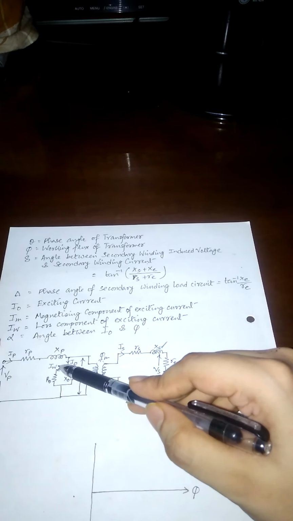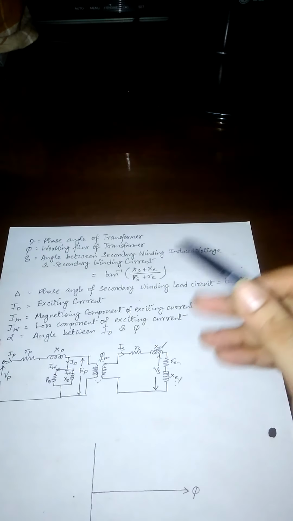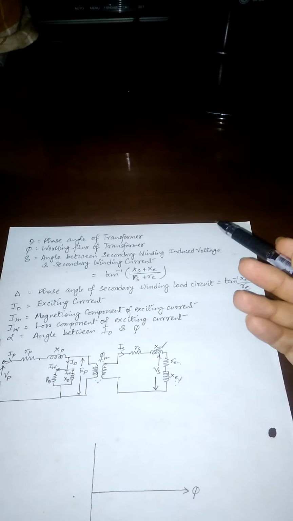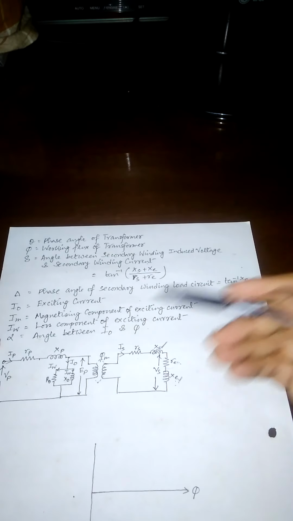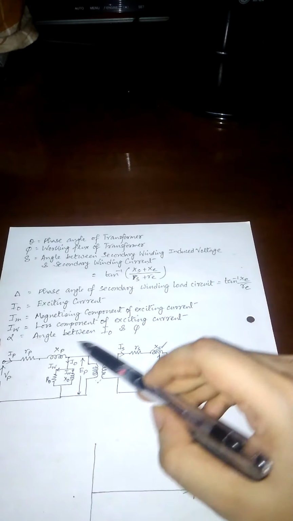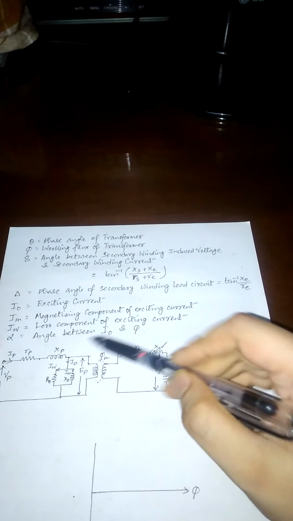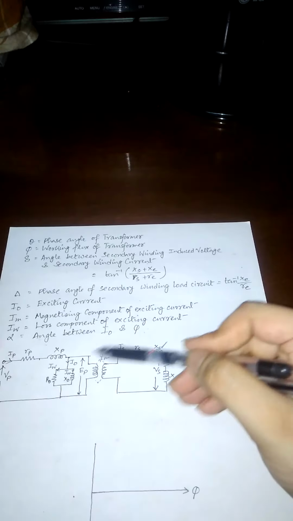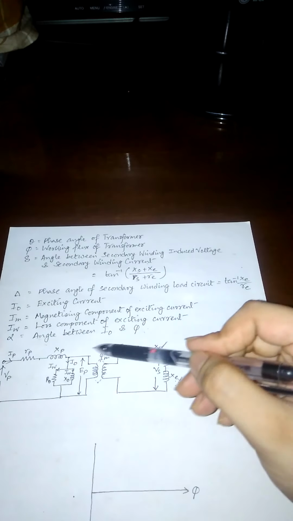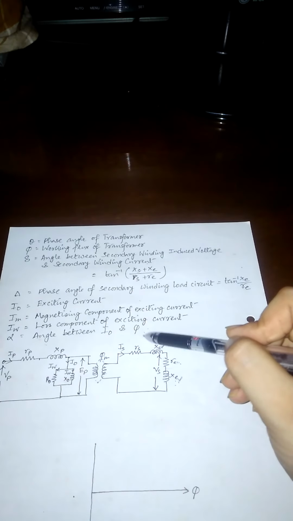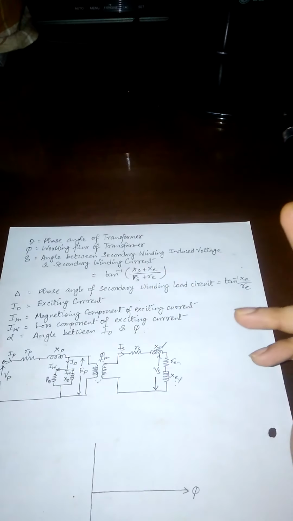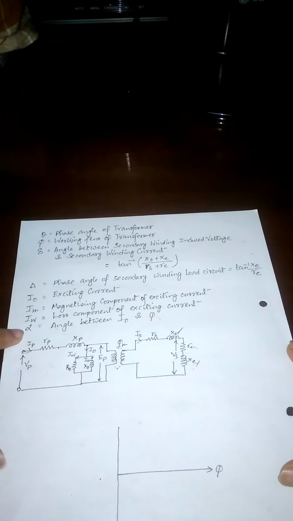That means this IW is going to provide the hysteresis loss and eddy current loss here. And alpha is the angle between I0 and phi. That means this I0 exciting current and this phi flux, the angle between them is equal to alpha.